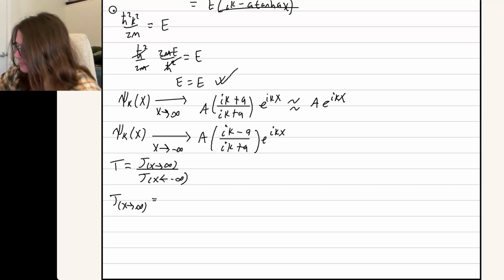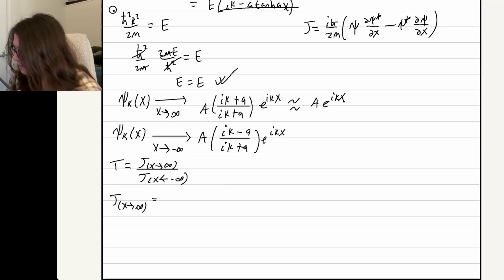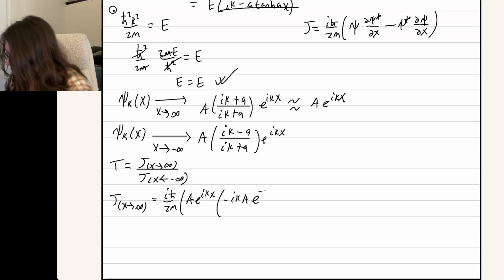If you don't remember, the probability current of anything is just i h bar over 2m times (psi del psi star del x minus psi star del psi del x). So we've got i h bar over 2m. Psi is just looking like A e to the ikx. The derivative of the complex conjugate is looking like minus ikA e to the minus ikx.